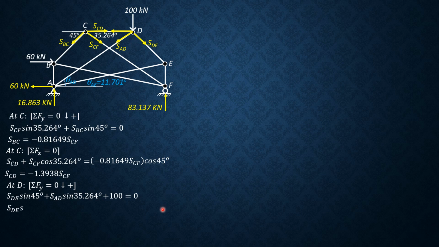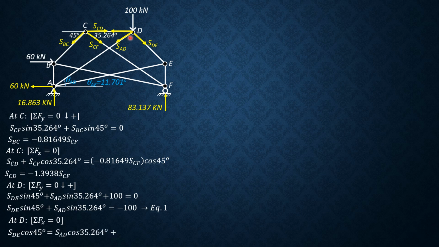So call that equation 1: SDE sine 45 plus SAD sine 35.264 degrees equals negative 100. Summation forces X equals 0. So we have SDE cosine of 45 equals SAD cosine 35.264 plus SCD, and SCD is negative 1.3938 of SCF.